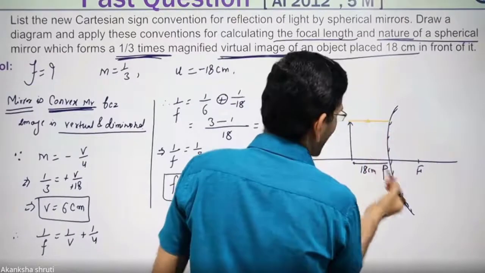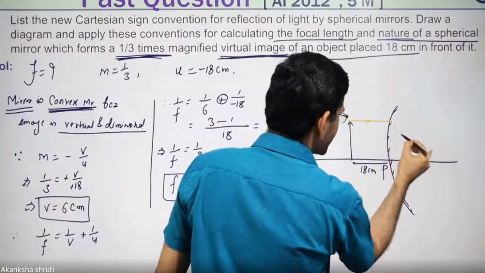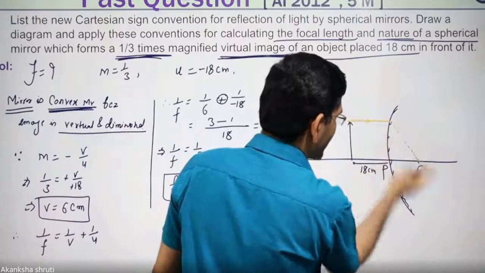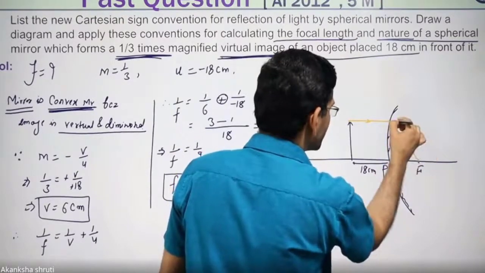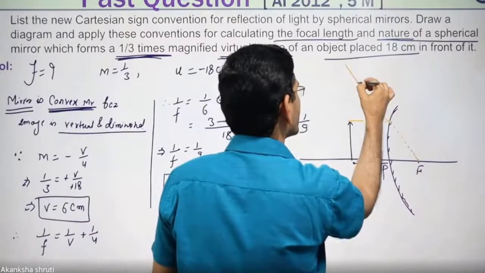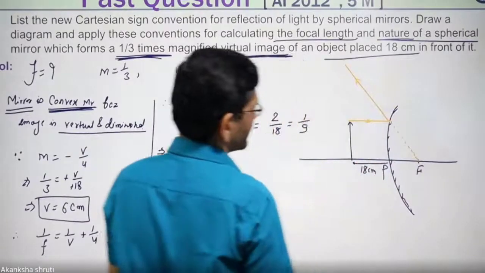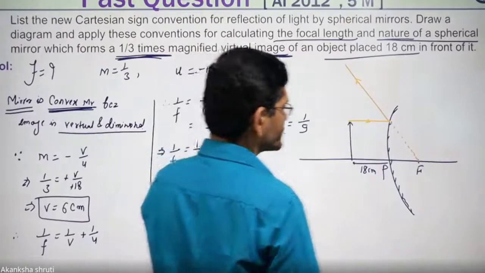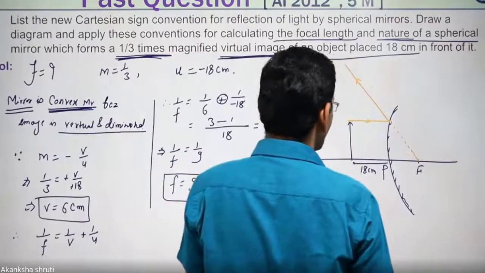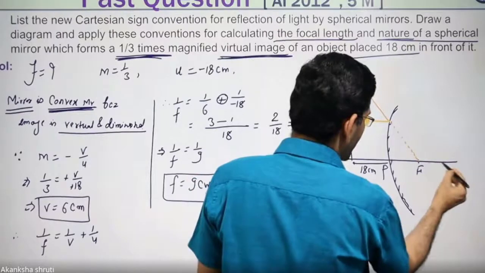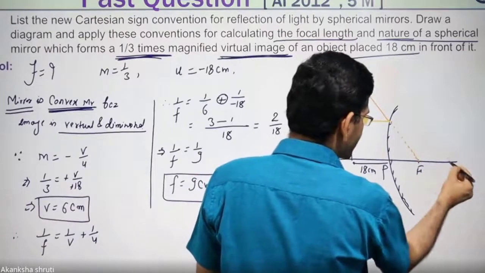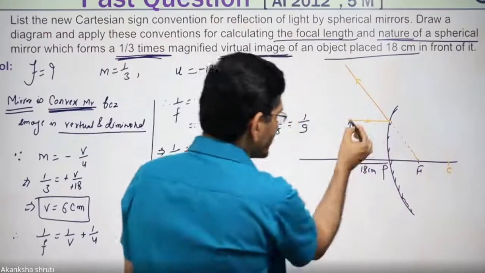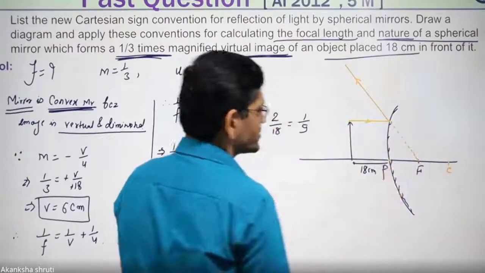One is the parallel ray. So the parallel ray gets reflected. See, this is the convex mirror. The ray cannot go like this, but following this path, it will go on this one. Now the other ray, students, can be determined by considering the focus, or the center of curvature, or the pole incident.